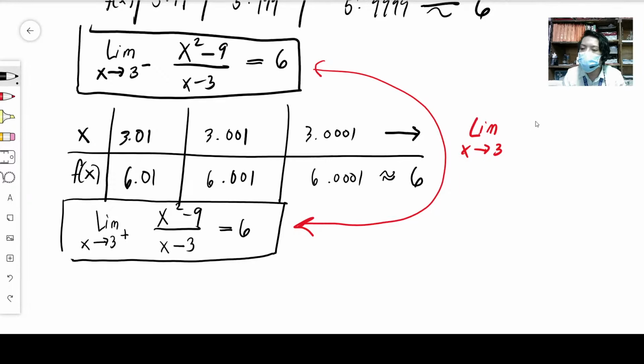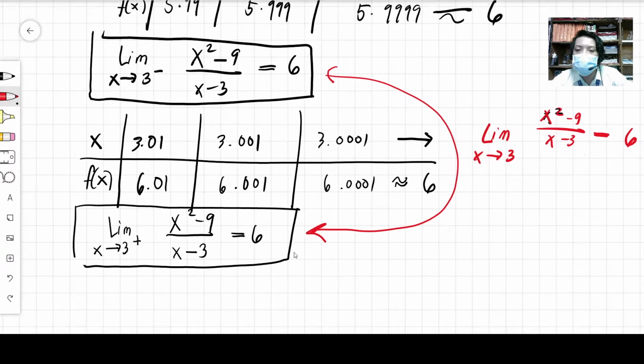The limit of x squared minus 9 over x minus 3 is equal to 6. So the answer is 6, while direct substitution gave undefined. Now, let us inspect this.